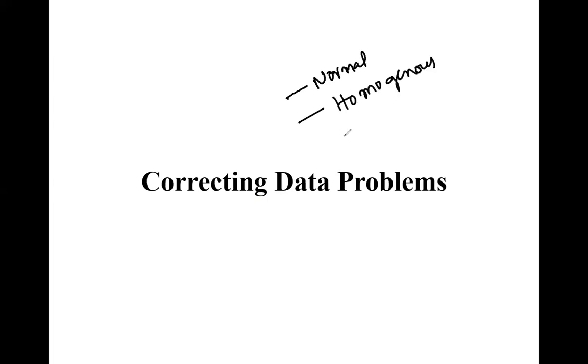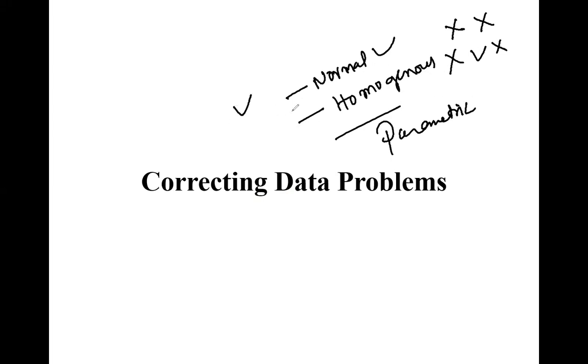Sometimes my data is normal but not homogeneous, or not normal but homogeneous, or not normal and not homogeneous. In all three conditions we cannot apply a parametric test, because the condition of a parametric test is that your data should be both normal and homogeneous.